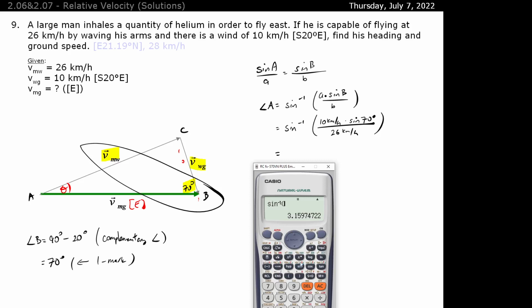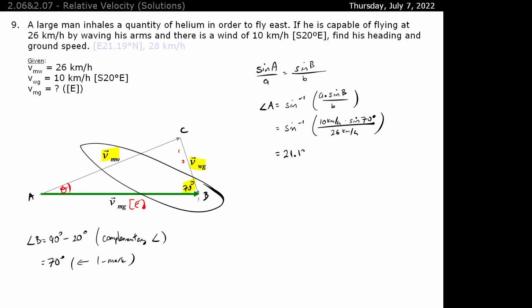Calculator time, shift sine, 10 times the sine of 70, close bracket, divided by 26, close bracket, and that will give us 21.19 degrees. Okay, so what angle should the man be flapping at? Which is this angle over here, VMW.